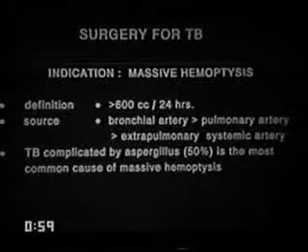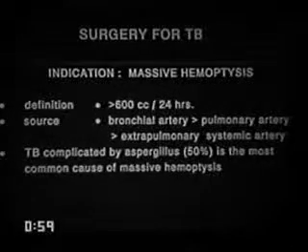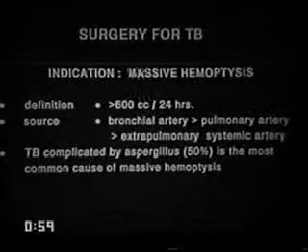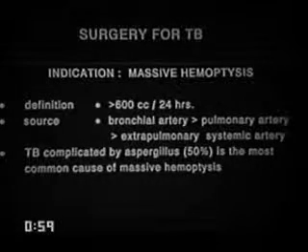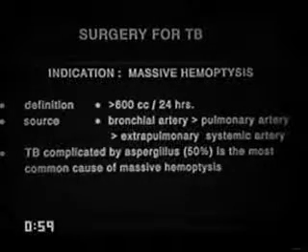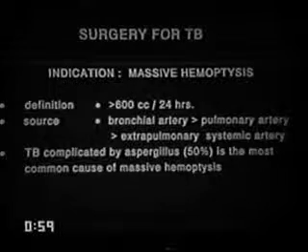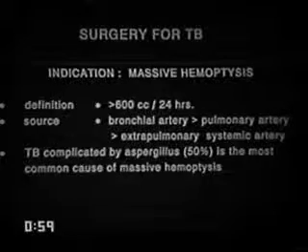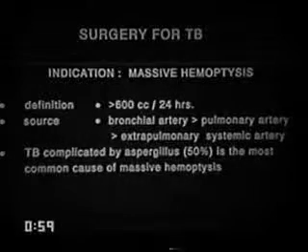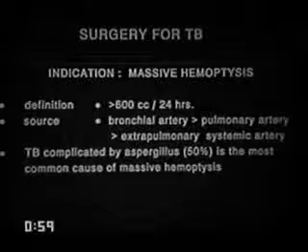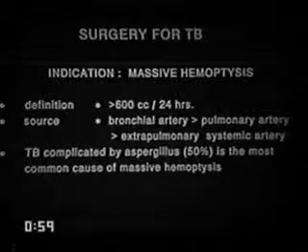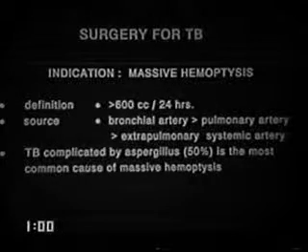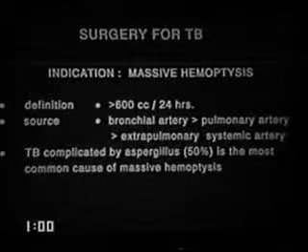The source is almost always bronchial arteries, systemic circulation, less commonly from a pulmonary artery, and least commonly from an extrapulmonary systemic artery. It's due to TB complicated by aspergillosis in about 50% of cases, or at least aspergillosis is found to be a saprophytic colonizing organism in at least 50% of cases where resection is performed.